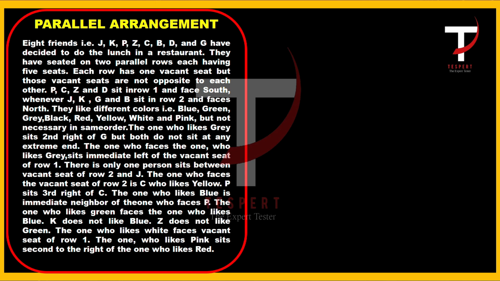Okay, let's solve it. 8 friends J, K, P, Z, C, B, D and G have decided to have lunch in a restaurant. They are seated in 2 parallel rows, each having 5 seats. So we will draw 2 parallel rows, each having 5 seats: 1, 2, 3, 4 and 5.